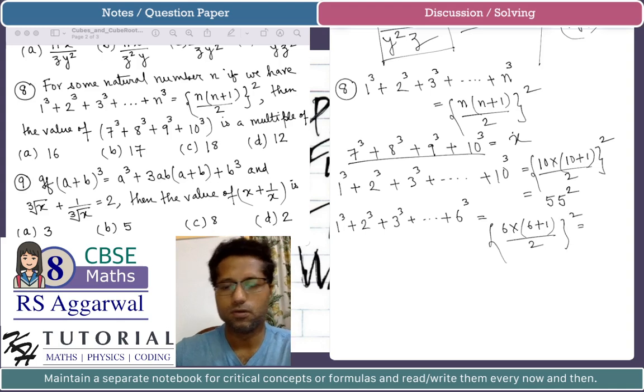This is equal to 7 times 3, which is 21 square.